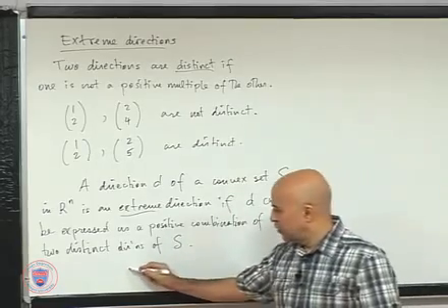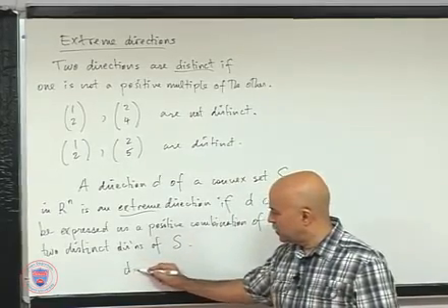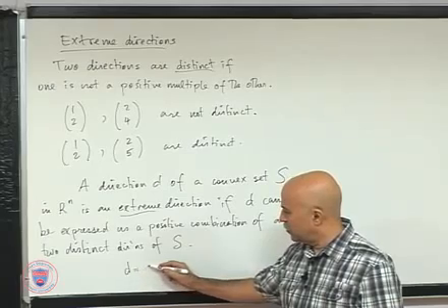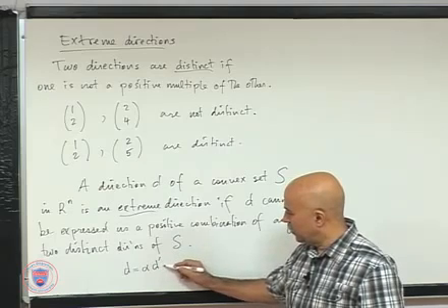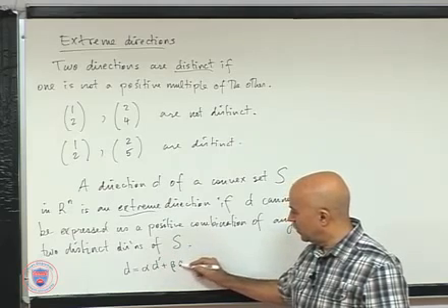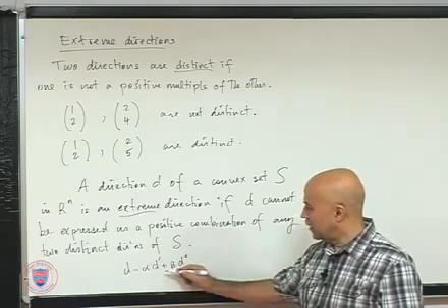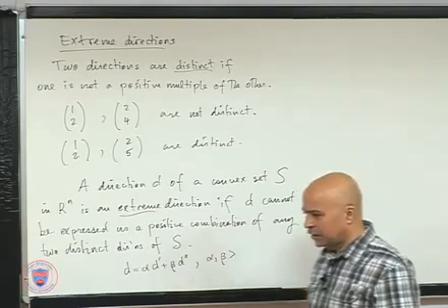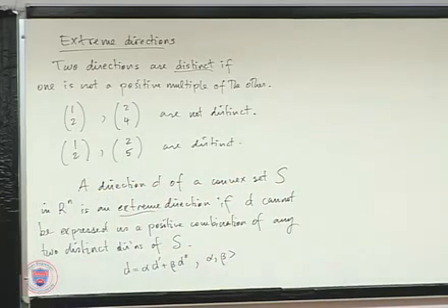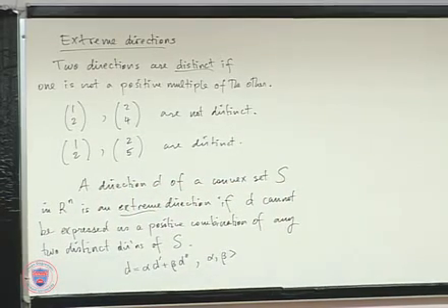So, you should not be able to find two distinct directions which give you D if you multiply one of them, say D prime, with alpha, the other one with beta, where alpha and beta are, should it be non-negative or positive? Let me just check that.